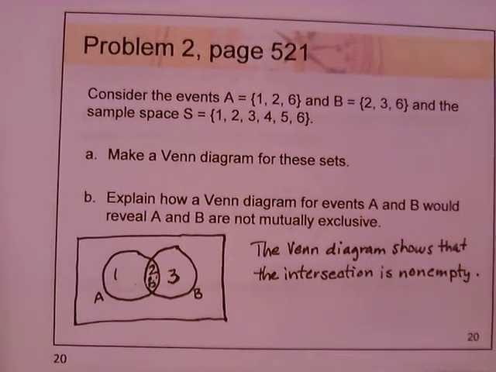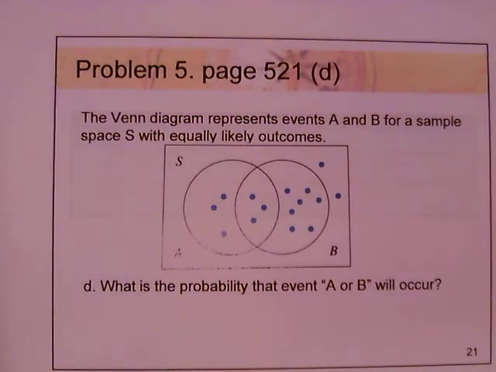Okay. All right. Here's problem number 5 on page 521. Now this is only part D. That same Venn diagram does represent events A and B for a sample space S with equally likely outcomes. And here I want to find out what is the probability that event A or B will occur.